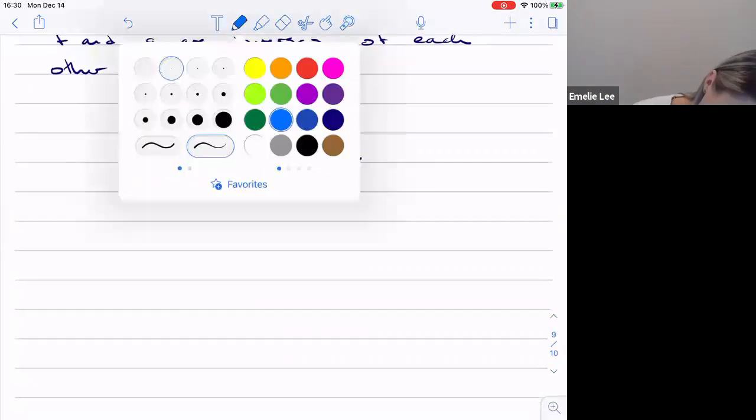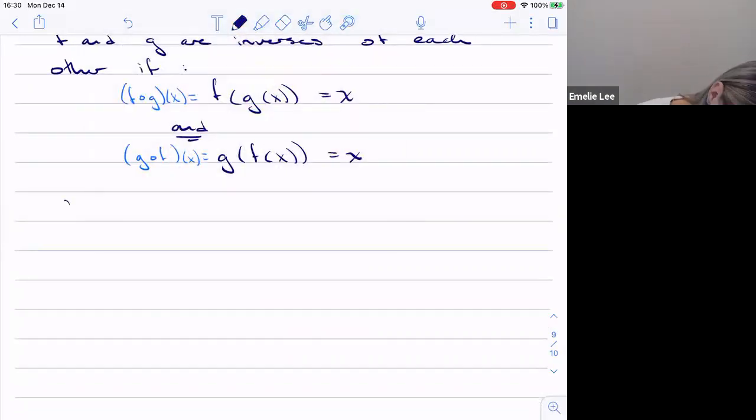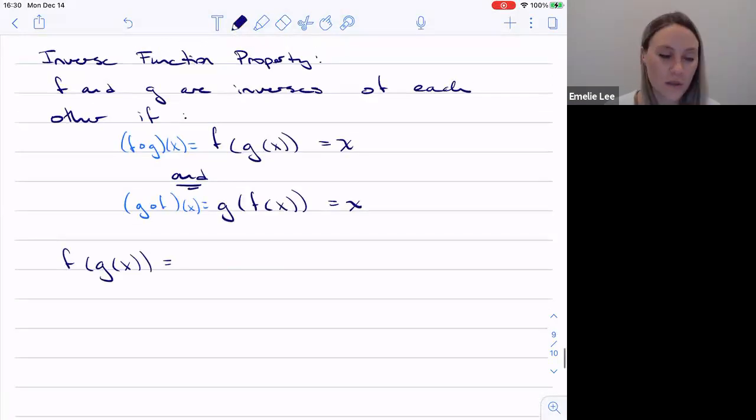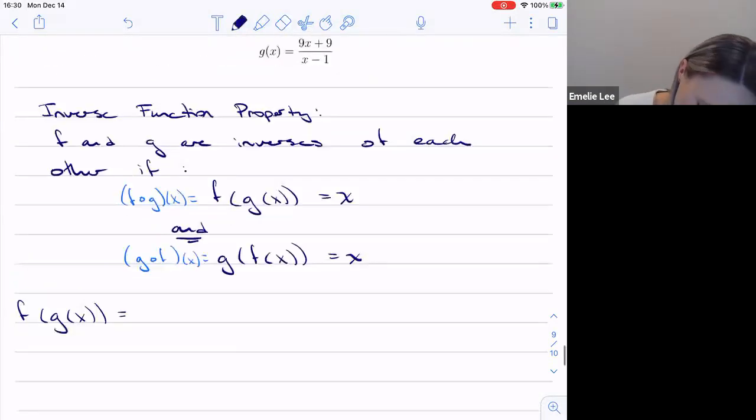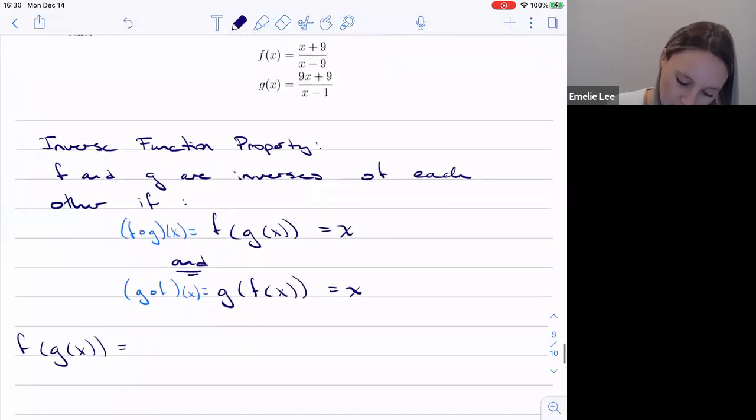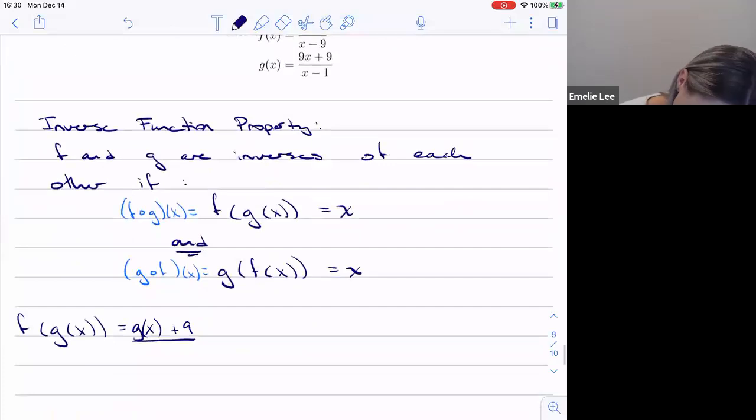So what I'm going to do is start up here and say f of g of x is equal to, and maybe I should scoot this over to the far left. So f of g of x is g of x plus 9 over g of x minus 9, right?